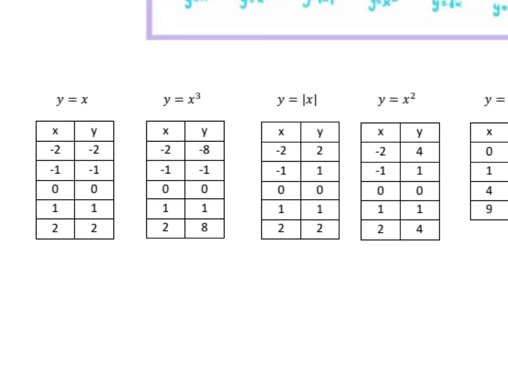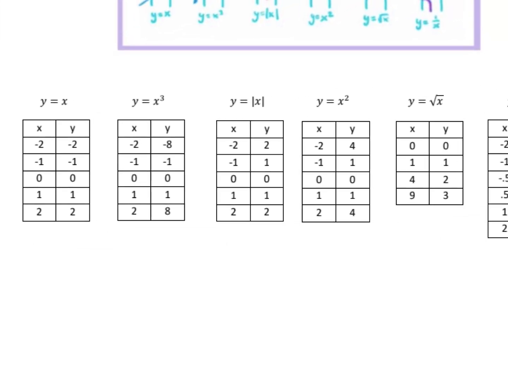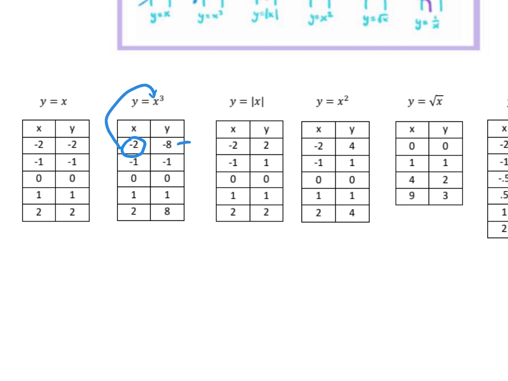Everybody look at these. These are the parent points. Do you get that if you put this into the function, you get this as the answer? Y equals that. Negative 2 to the third is negative 8.